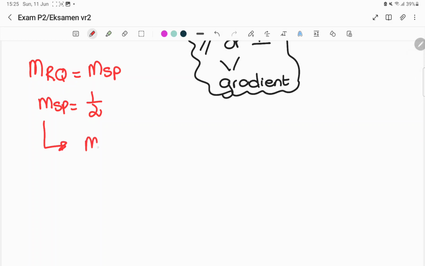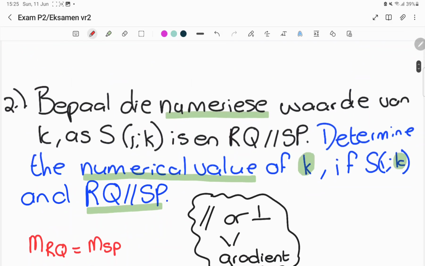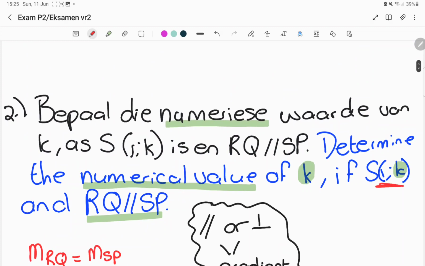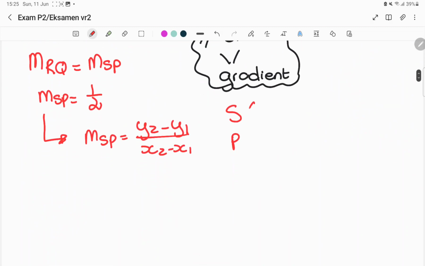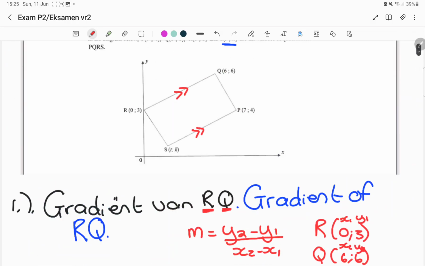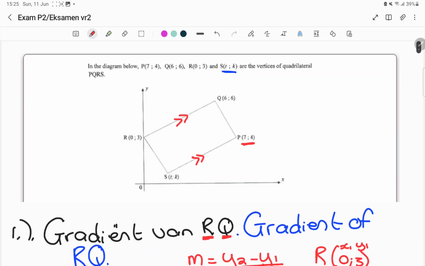So I know the gradient of SP will be y2 minus y1 over x2 minus x1. So we're going to get the coordinates of S and the coordinates of P. So the coordinates of S is (1, k) and the coordinates of P is (7, 4).